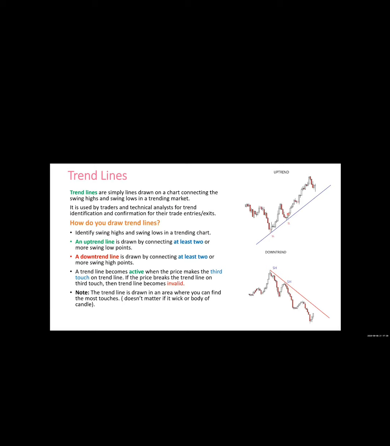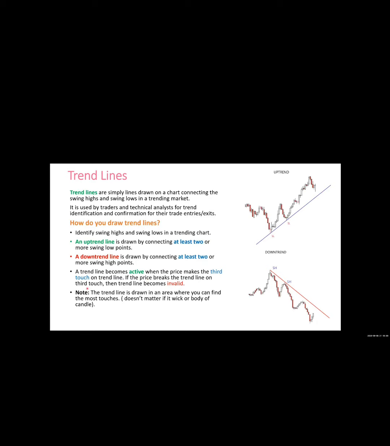So if you're taking a daily time frame or a 4-hour time frame and you see a lot of touches, if you're able to identify a lot of swing low points and connect those swing low points, that will be a trend line that's more powerful even on an intraday basis. So if you see price approaching the long-term trend line, the long time frame trend line, you can bet that 9 times out of 10 there's going to be a bounce. Okay, that's because price has been testing that trend line for a long time, and chances are we're going to get a bounce again at that point.